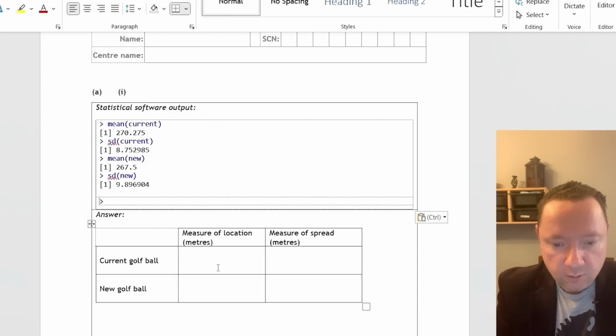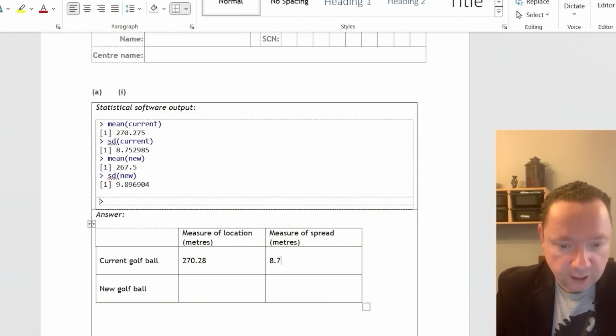Measure of location, meters, measure of spread. So location is the average, so it's 270.28, and the spread is 8.75, say. And then for the new one, it's 267.5, and the spread is 9.89 or 9.90.